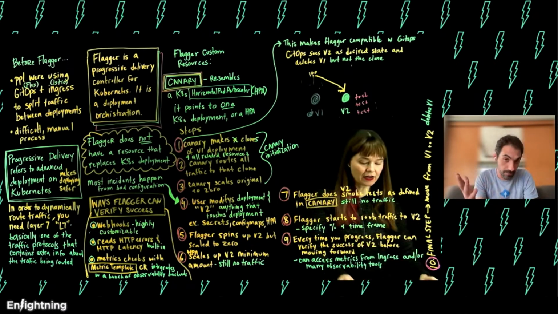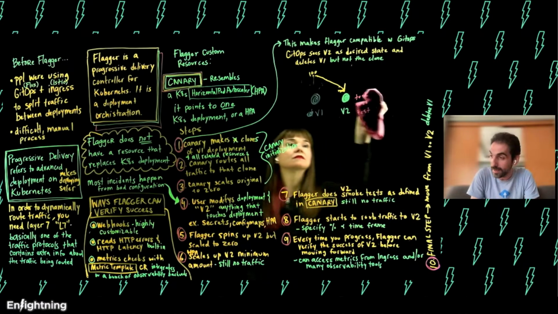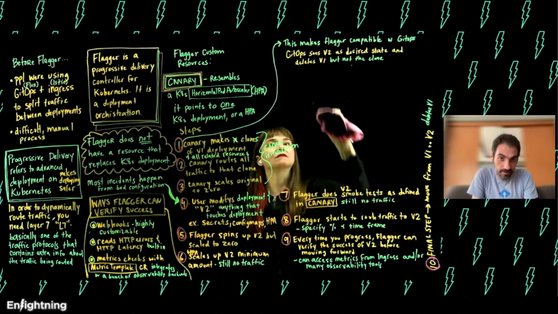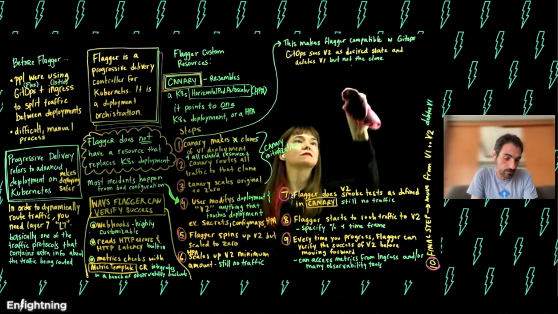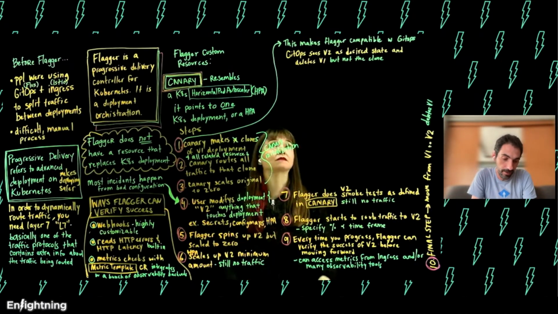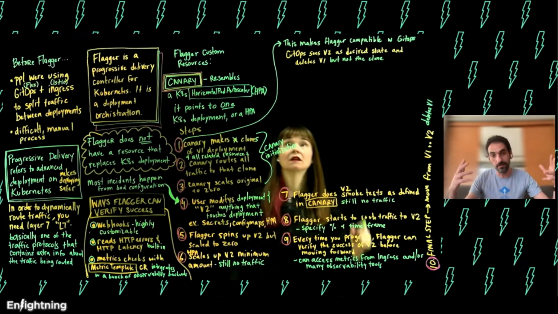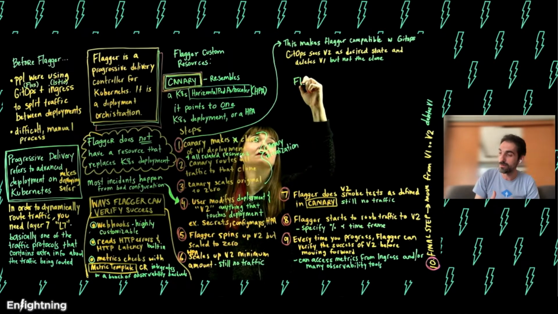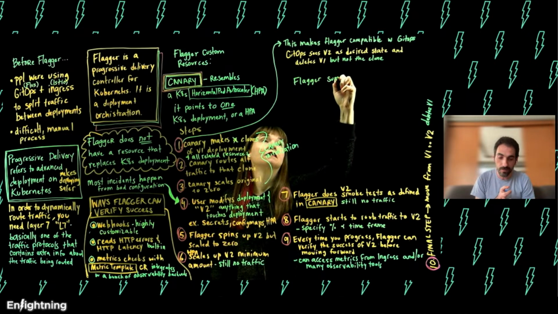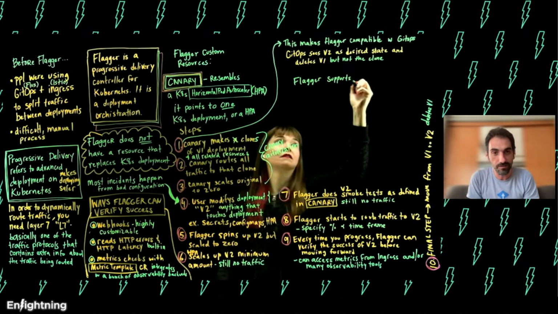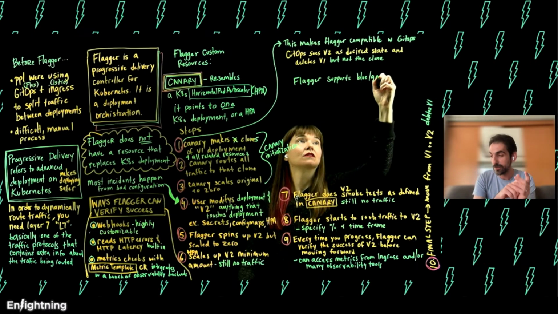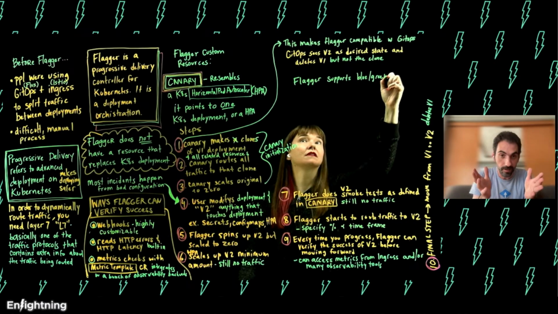Flagger does blue-green deployments with the Kubernetes CNI. If you want to do this type of deployment, you can do it with Flagger. The advantage is you can still use the Flagger webhooks to run your end-to-end tests, and you can use the Flagger metrics to decide if the new version is fine or not. Flagger also supports blue-green with mirroring, like you said.